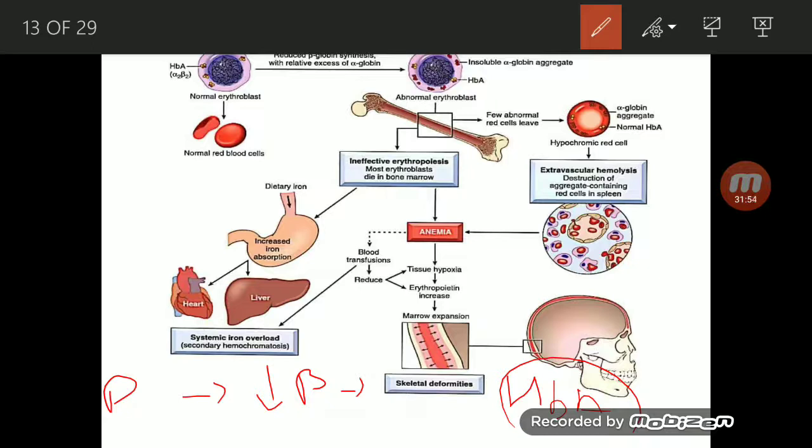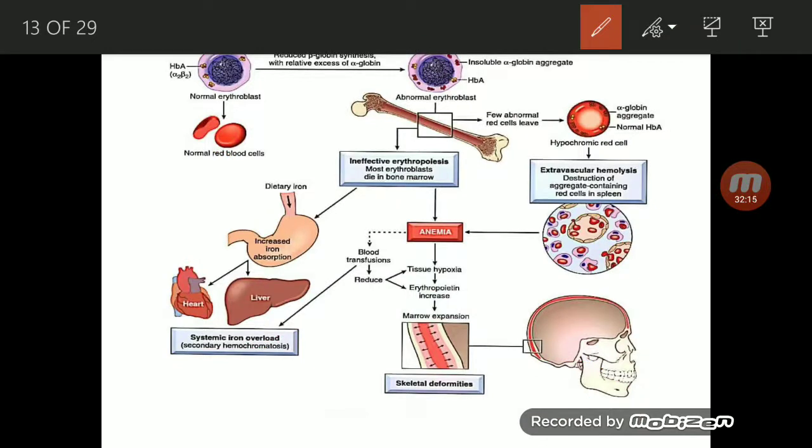Side by side, production of your beta chain is less, but there is no alteration in your production of your alpha chain, so there is going to be more formation of your alpha chain, right?